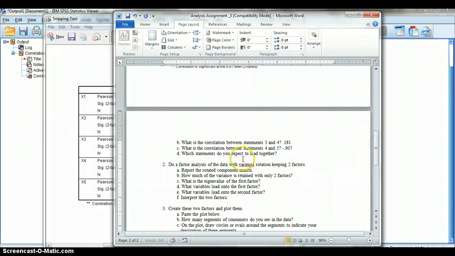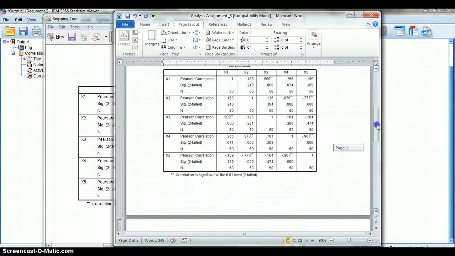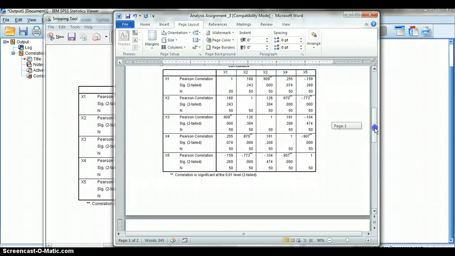Which statements do you expect to load together? So in this one, we're just looking for the positive ones. So we expect 1 and 3 to load together, 2 and 4 to load together.